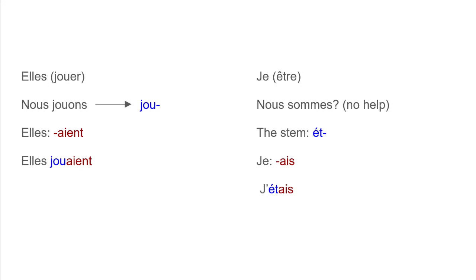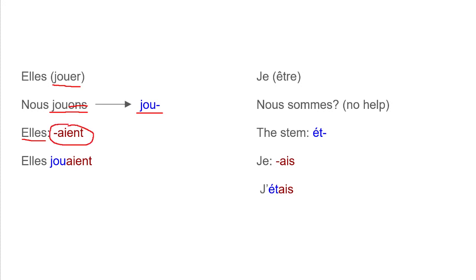Okay, this next example is another ER verb, but I just included it because I think it's kind of funny. Okay, jouer means to play. So again, nous jouons. Take off the ONS, that gives you this stem. The ending for il or elle plural is AIENT.